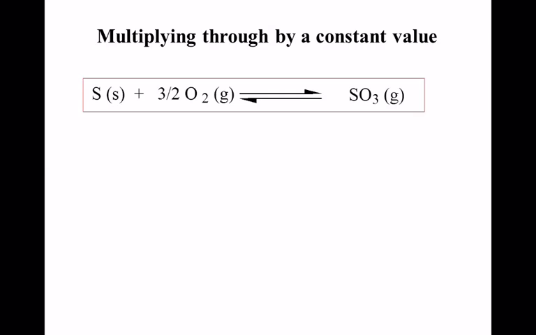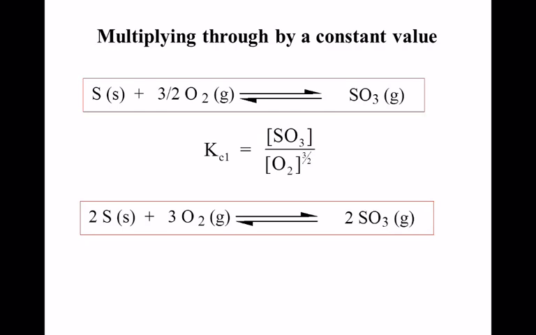So we have sulfur reacting with oxygen to form SO3, sulfur trioxide. Everything is gaseous state, but it's not. So that solid sulfur is not going to show up. So we could write the equilibrium constant expression, and it would look like this. Well, let's just say we scale that up, and we go ahead and multiply through by a factor of 2, and it looks like this.